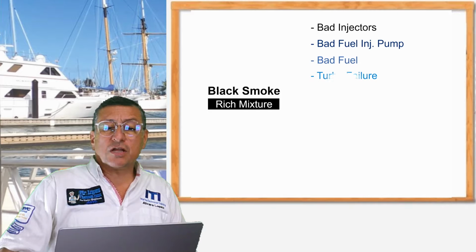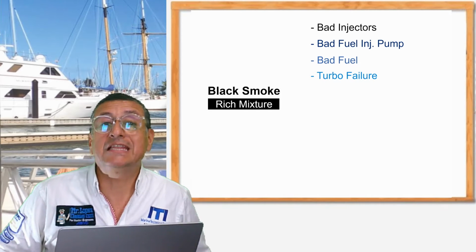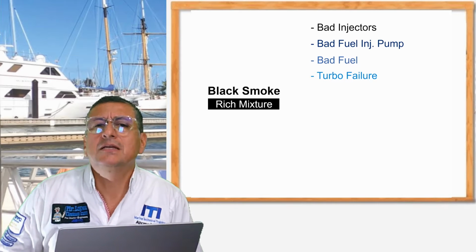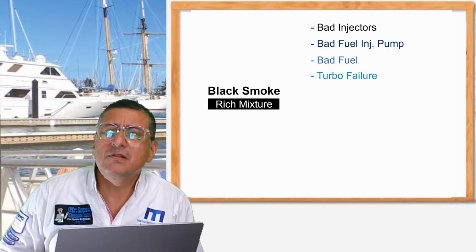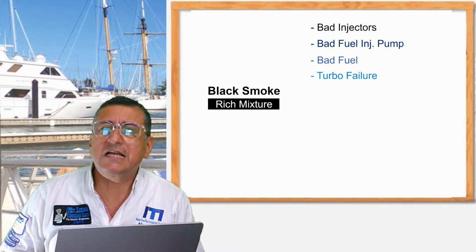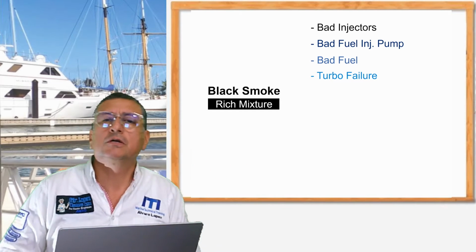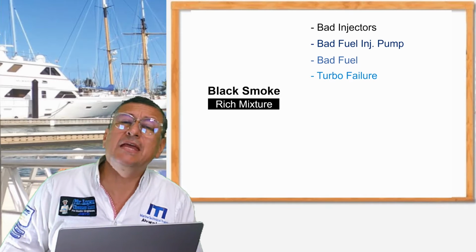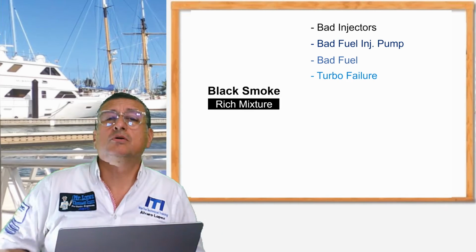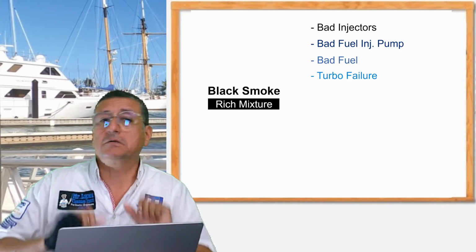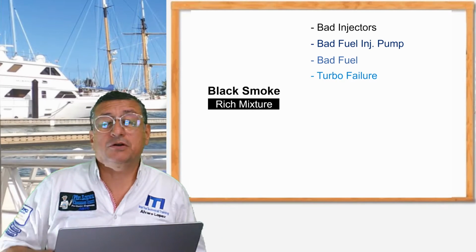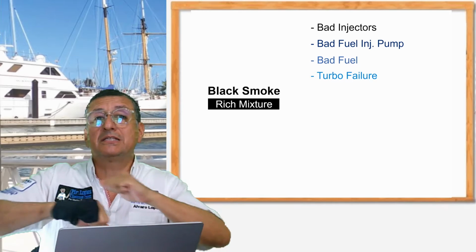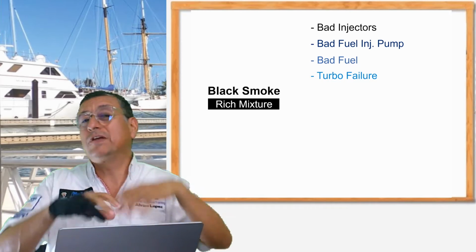Okay, another possibility is a failure in the turbocharger. Why can the turbo affect the performance of my engine, especially in that situation, black smoke? Yes, my friend, remember what happens if the turbo sucks in less air for different reasons: because the turbine is broken, because it's locked, or the filter is clogged.